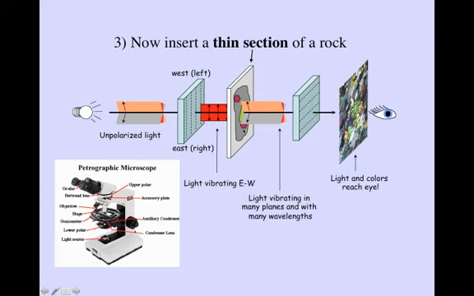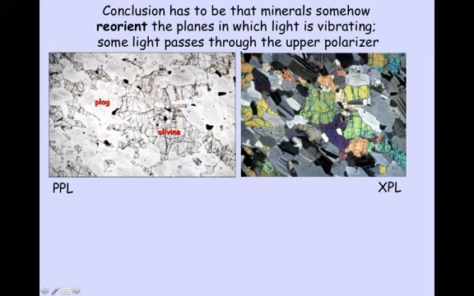What's happening is that the minerals in the rock are reorienting the light and sending many different wavelengths again, passing through that upper polarizer to our eye. How's that work? I can reinforce that minerals reorient that light and the planes in which the light is vibrating. And some light passes through the upper polarizer.